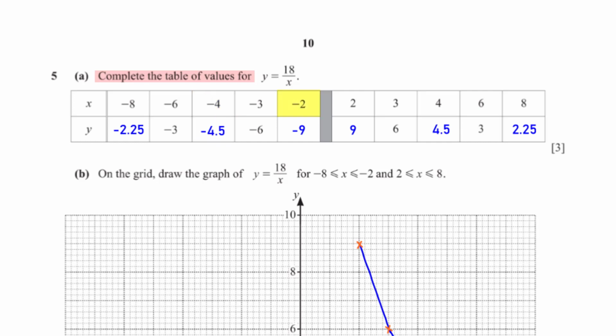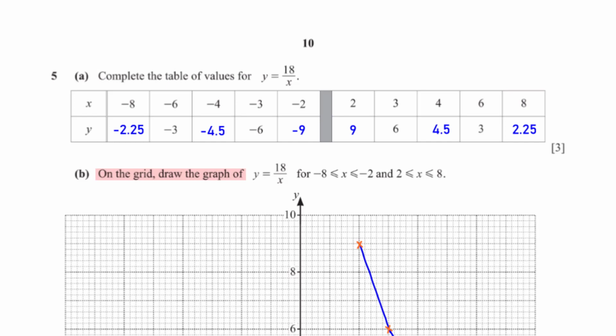For x equals negative 2, we have y equals negative 9. For x equals 2, we have y equals 9. For x equals 4, we have y equals 4.5. And for x equals 8, we have y equals 2.25.